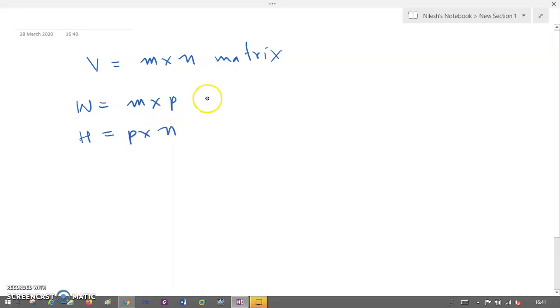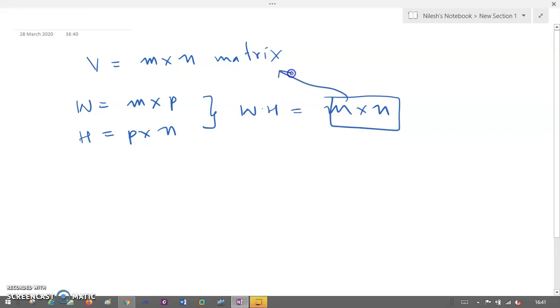If you multiply these two, you actually get an M cross N matrix, which is nothing but V itself, right? But the idea here is that the dimension of the factor matrices is lower than that of the product matrix.